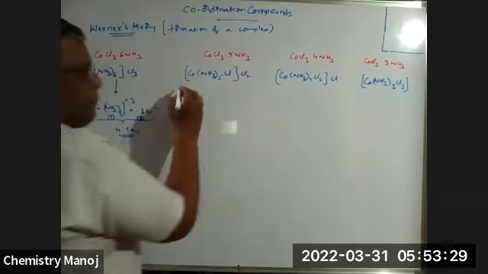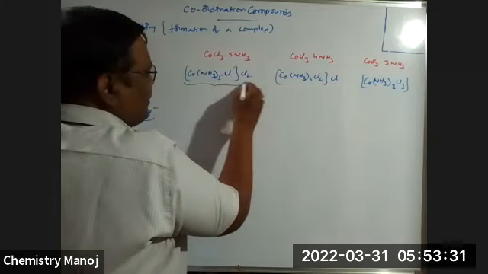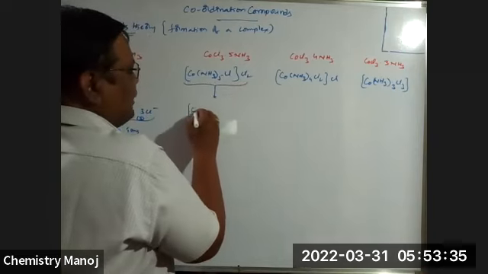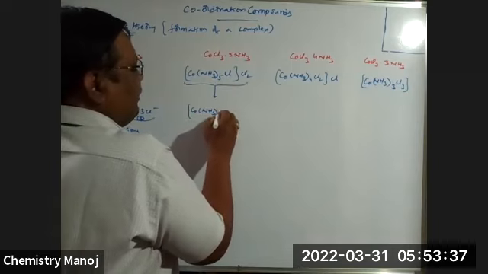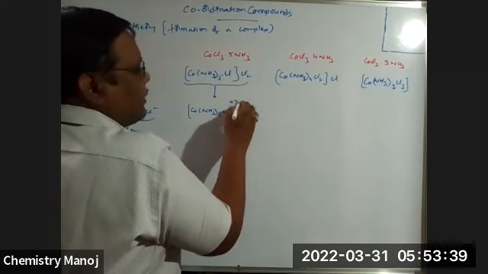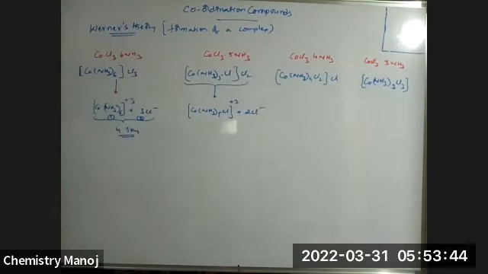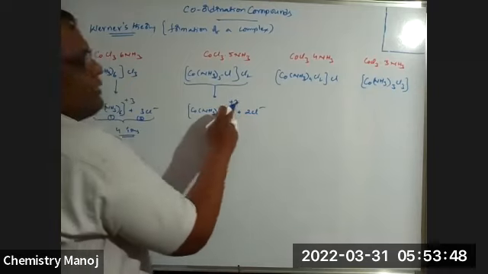Okay, sir. Now here, when it is dissolved in water, this box ion, that is Co, NH3 5 times, Cl plus 2 ion, and 2 Cl minus ions. Correct or wrong? Because of 2 Cl minus, this box ion is plus 2.